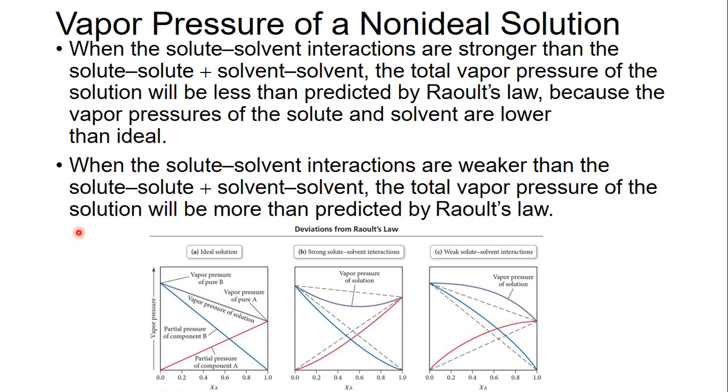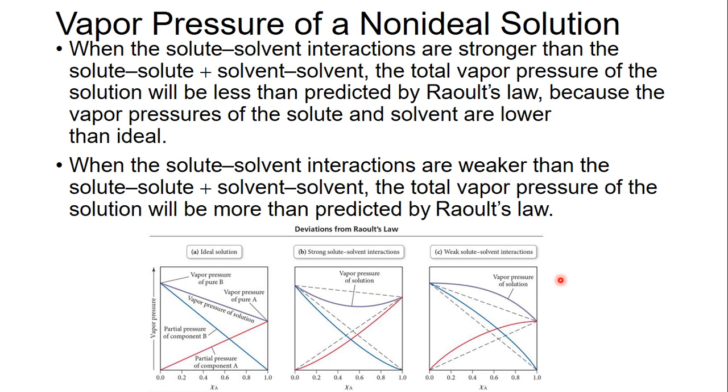That's an ideal solution. But if you have non-ideal solutions, for example, if your solution has very strong solute-solvent interactions, that is, whatever you dissolve in your solvent interacts very strongly with that solvent, for example, ions, then the vapor pressure of the solution is lower than you would imagine, while if you have very weak solute-solvent interactions, then the vapor pressure will be greater than you calculate.